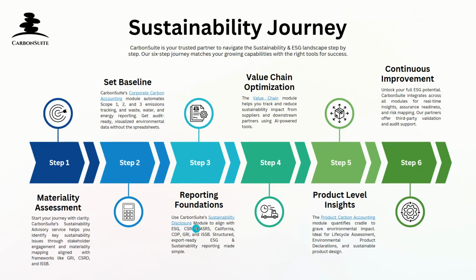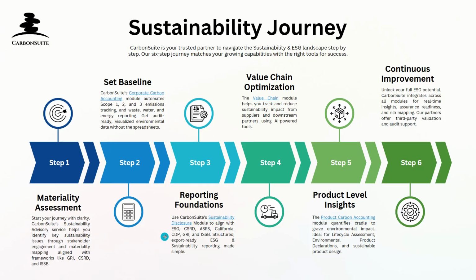ASRS, from the Australian government, the Australian Sustainability Reporting Standards, again similar types of reporting related to your sustainability information as well as risk assessment for companies in Australia. California has its own mandates related to disclosure of greenhouse gas emissions and climate risk reporting.